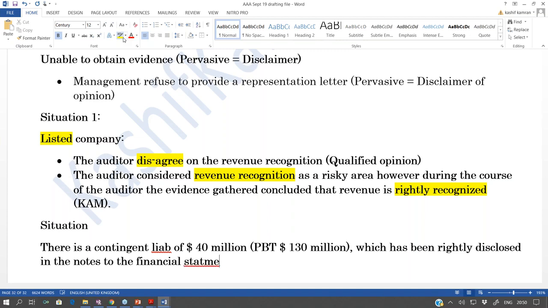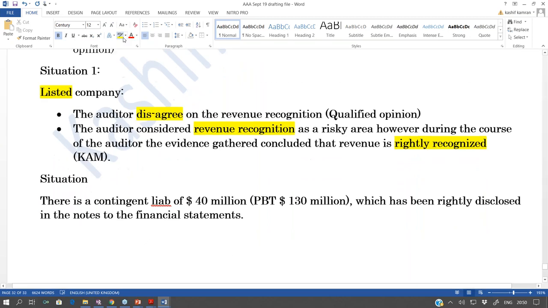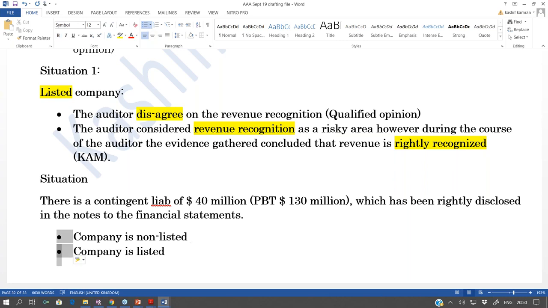The company is non-listed in one situation, and in the second situation the company is listed. What will you do in the first situation? $40 million of a contingent liability has been rightly disclosed in the notes.